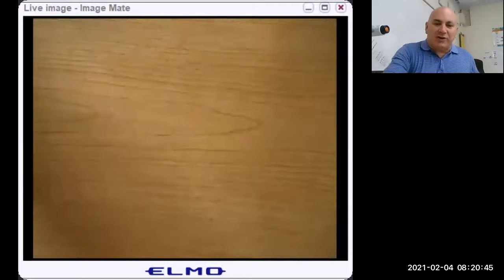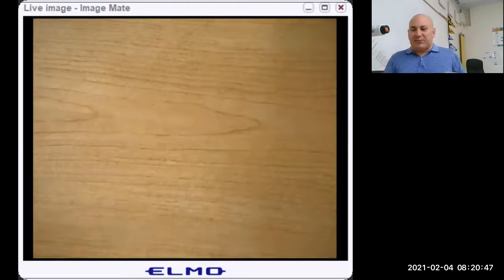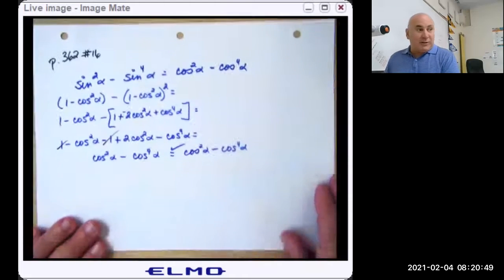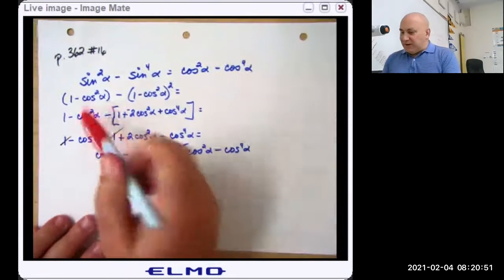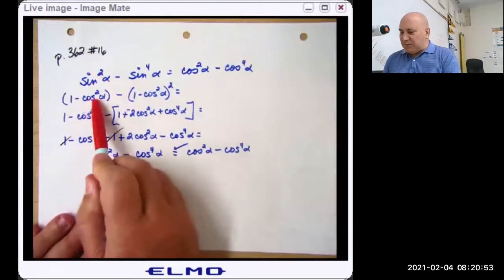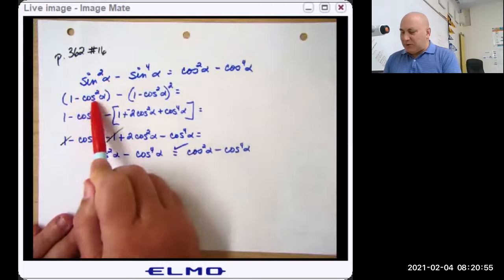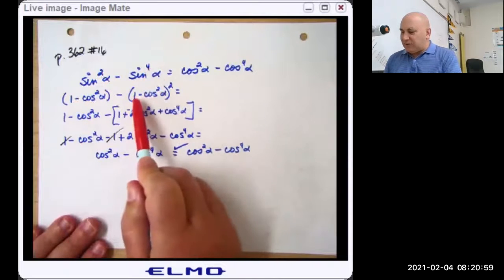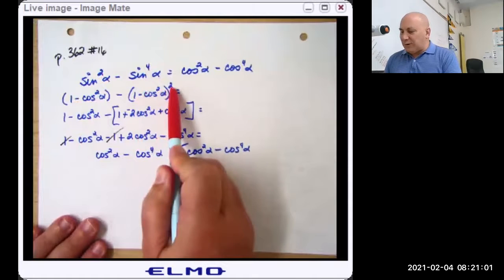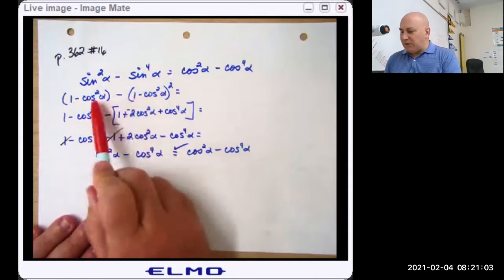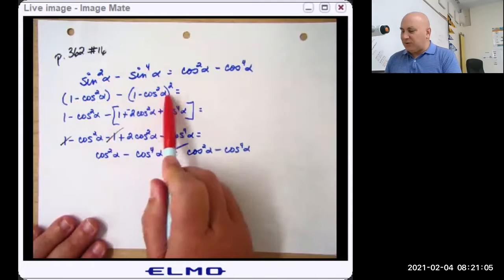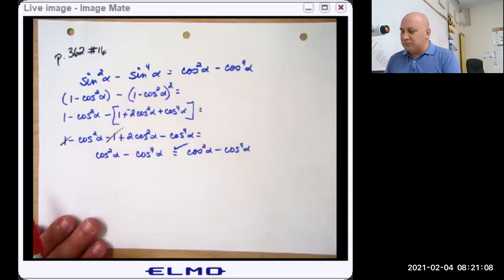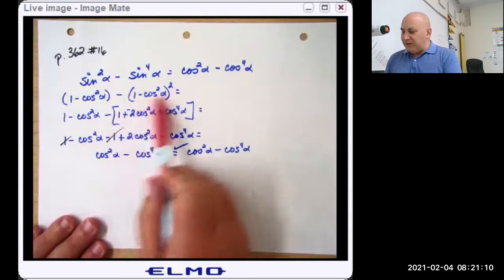There isn't just one correct way to do these types of problems. Here's another one. I recognize that sine squared alpha is 1 minus cosine squared alpha. And if that's sine to the 4th, that's sine squared squared, or 1 minus cosine squared alpha, squared. Foil this.